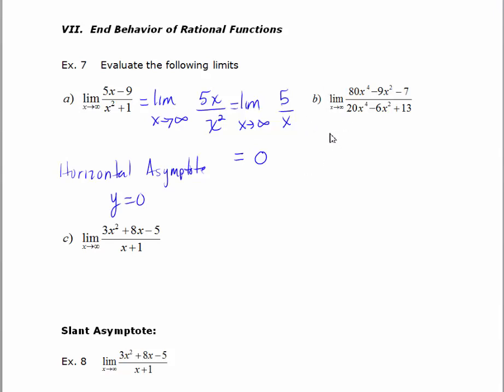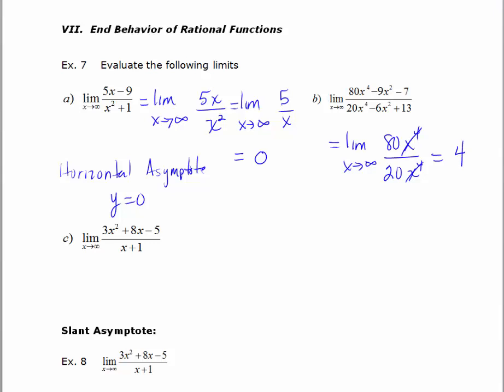Let's look at b. We have the limit as x approaches infinity of a rational function. We are allowed to use the end behavior idea, and so we'll rewrite the limit using the leading terms only. Reducing, we can cancel the x's. 80, now we can evaluate this limit. 80 divided by 20 is just equal to 4.